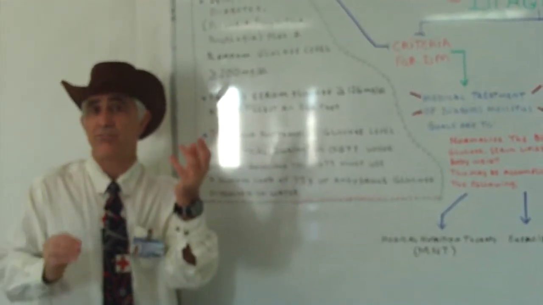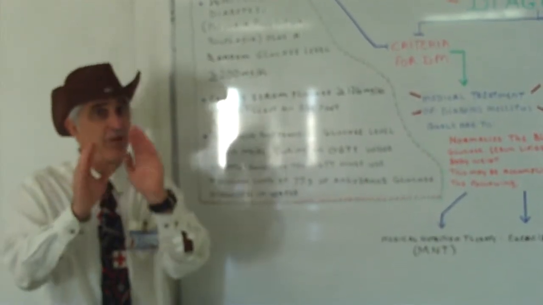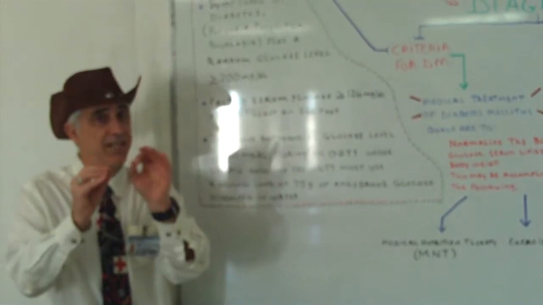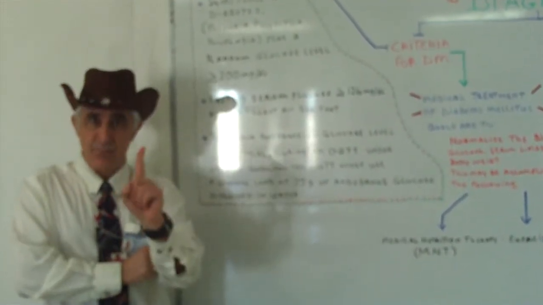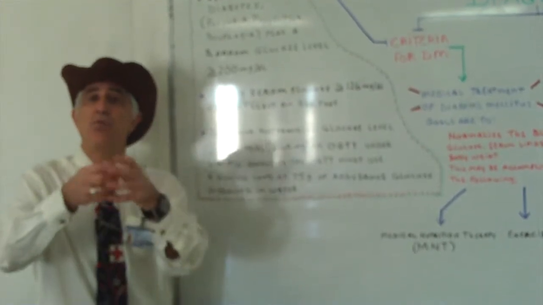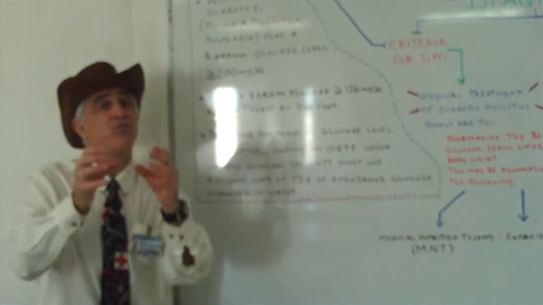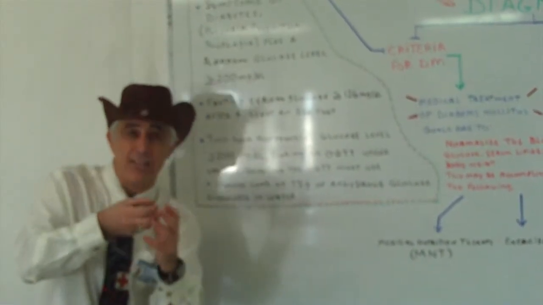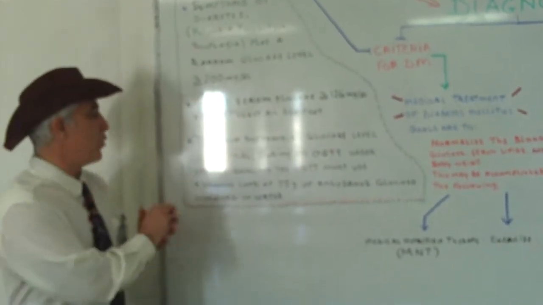Then the night before the test, they're NPO, they come into the clinic and they do a fasting blood sugar. Then they load them up with a sugar drink of 75 grams, and it's very, very sweet. Sometimes I recommend that they drink it chilled. It's a little more palatable, not such a bother.